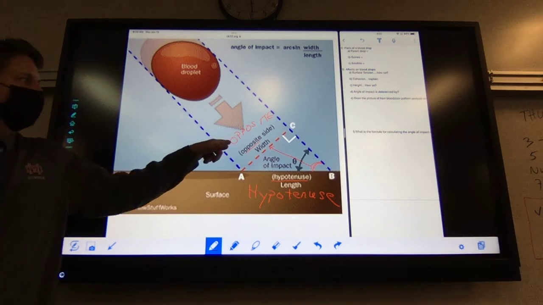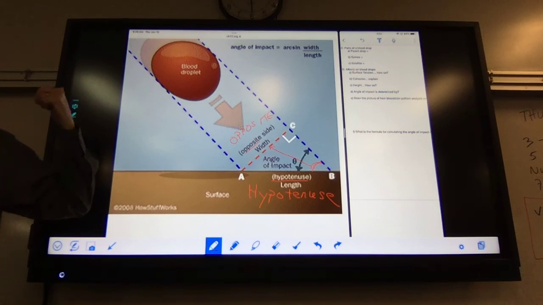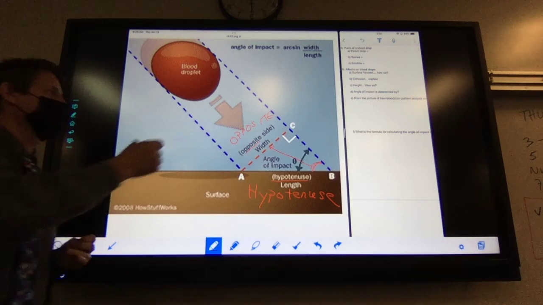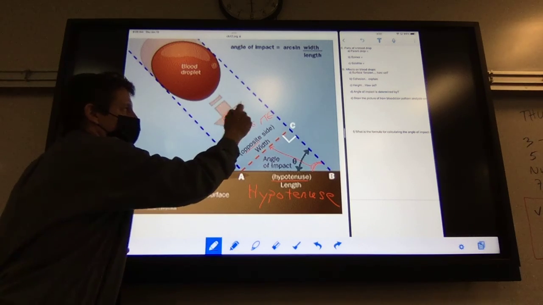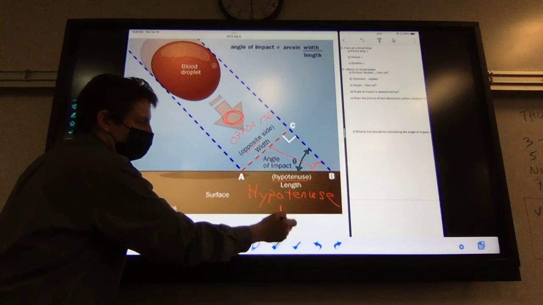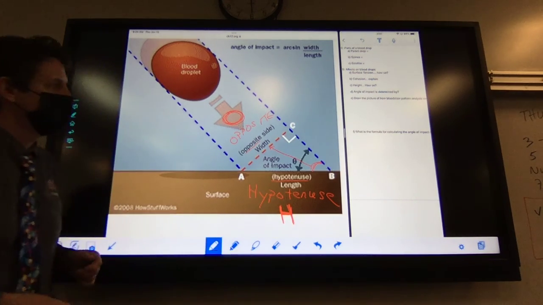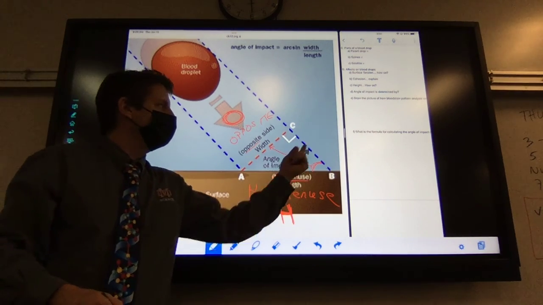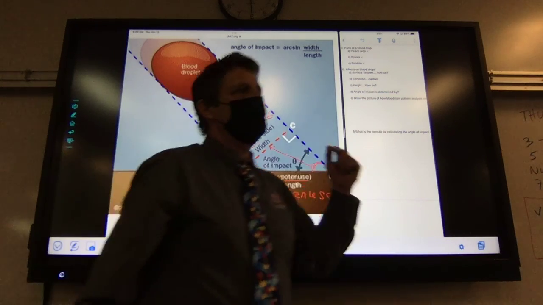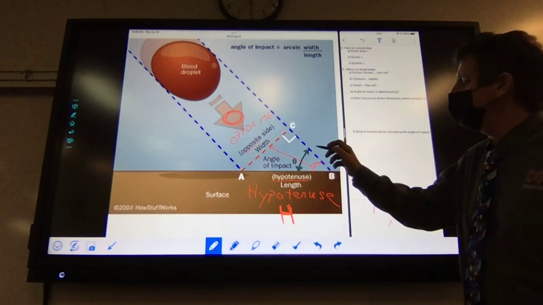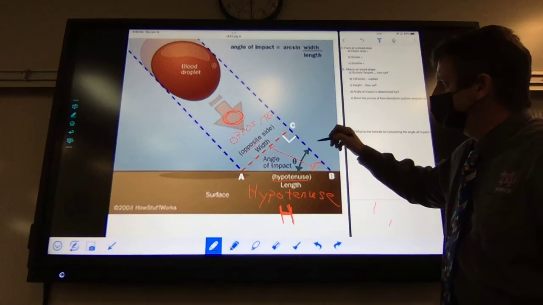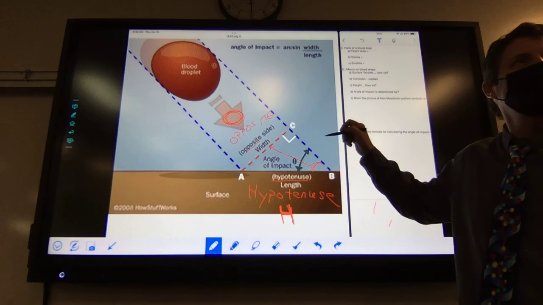So instead of writing out opposite, you call that the O side. So this is the O, and this is the H. This side that I haven't talked about yet on the right triangle, this side is called what? Anybody know?